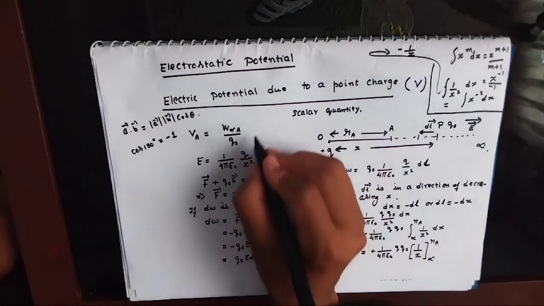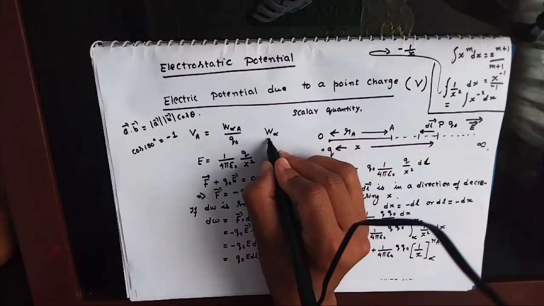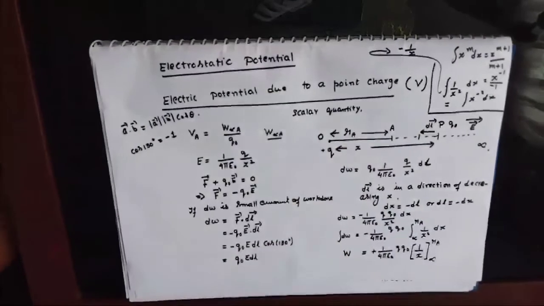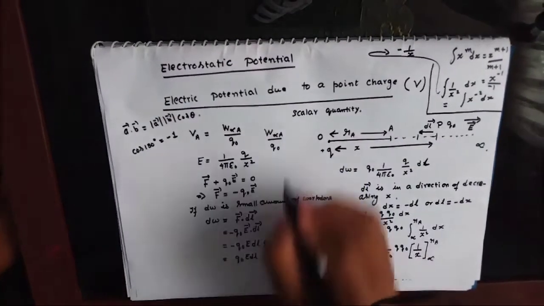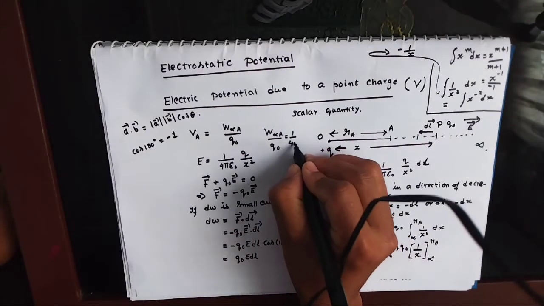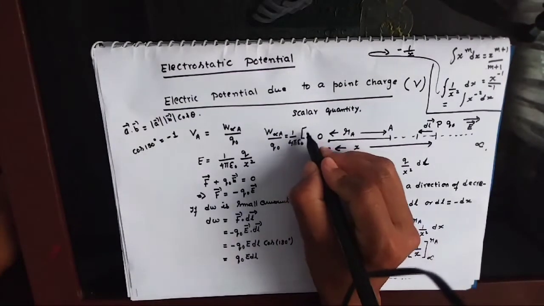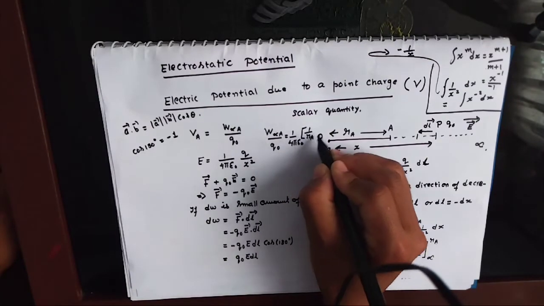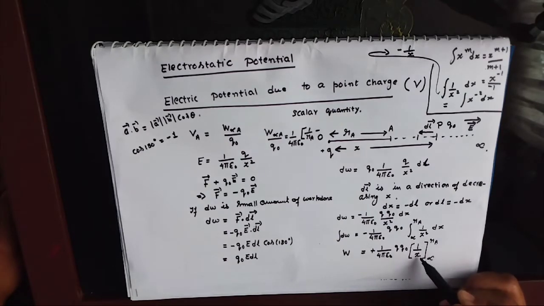Now this W from infinity to A, taking q naught to the side, is equal to 1 by 4 pi epsilon naught, then instead of x, I put 1 by RA minus, for the lower limit infinity, 1 by infinity.